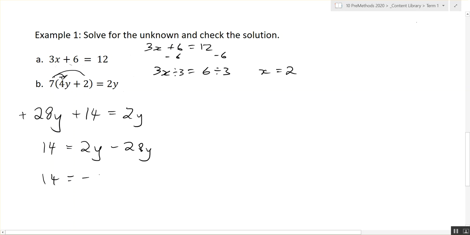You could go straight to negative 26y. Are there any questions? Get rid of, so there's an invisible times in here. So we divide by negative 26. Yeah? And then we have to do one more step.